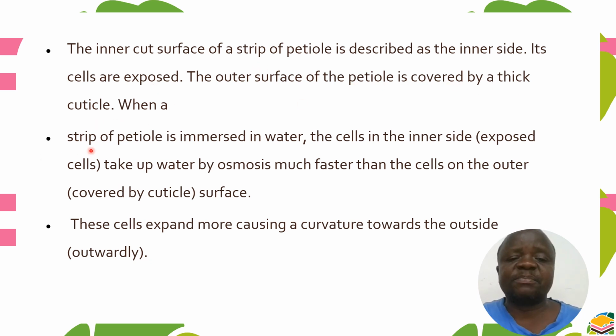So when a strip of petiole is immersed in water, the exposed cells on the inner side take up water by osmosis much faster than the cells on the outer surface covered by cuticle. These cells expand more, causing a curvature, a bend towards the outside, that's to say outwardly. So the cells expand and then they bend outwardly.